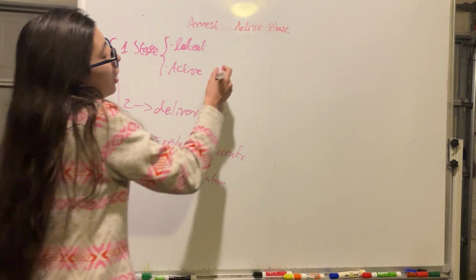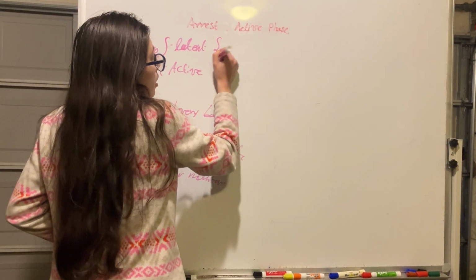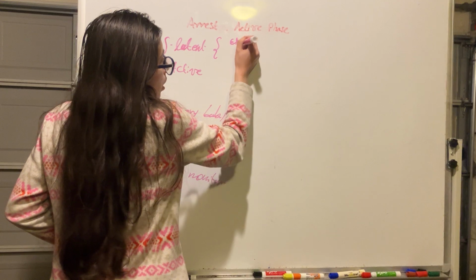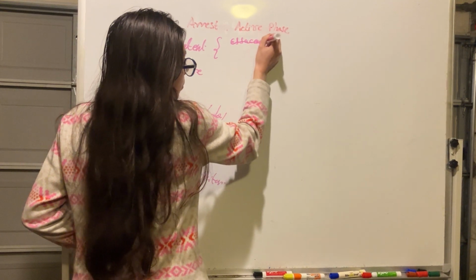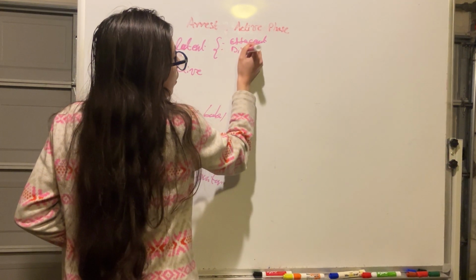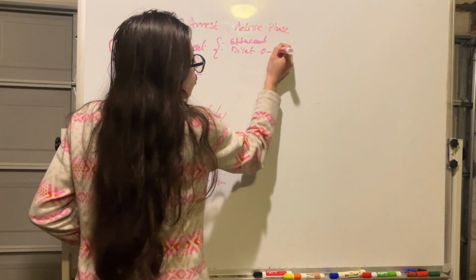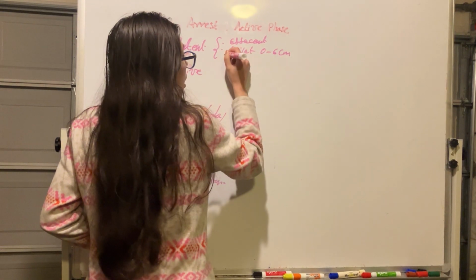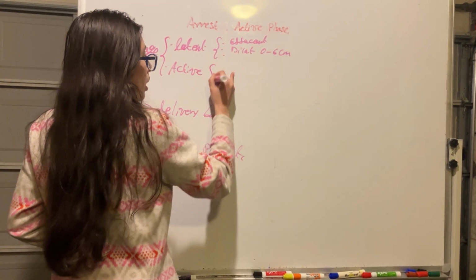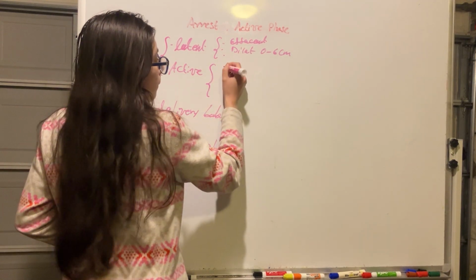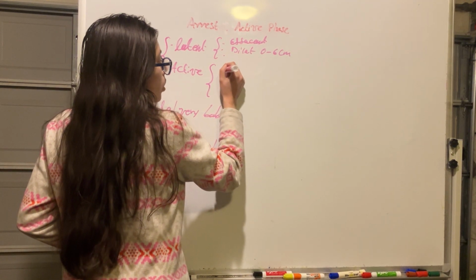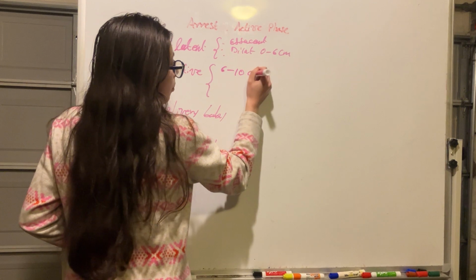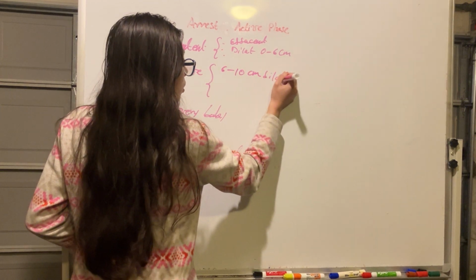So stage 1 of labor, the latent phase, is where we have effacement of the cervix, and we have dilation of the cervix from 0 to 6 centimeters. And the active phase, this is dilation starting from 6 all the way to 10 centimeters.